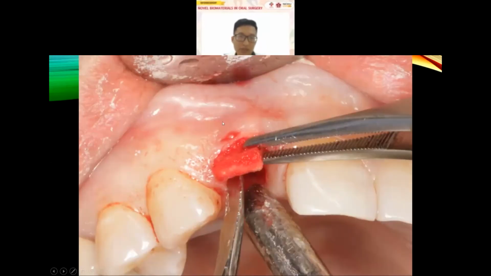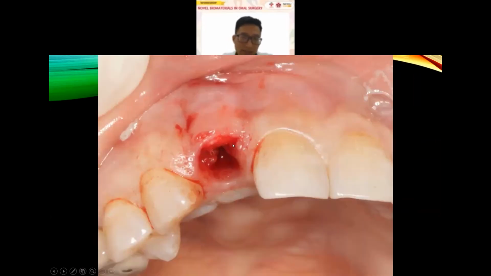After that, using the collagen matrix from ACRO company, I trim it to exactly the same size as the pouch flap that I created before, and insert it entirely into the pouch.